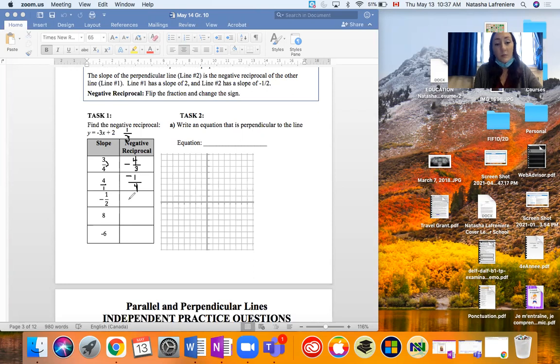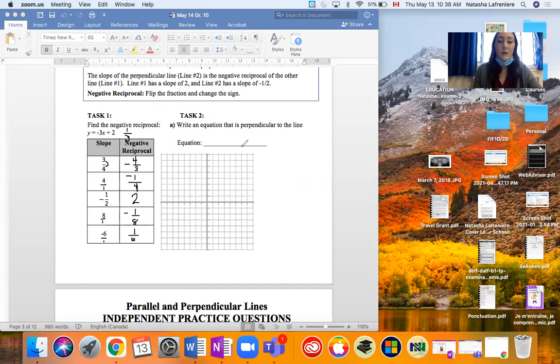So it's going to use the opposite sign, and it's just going to be 2. This one here, same as the 4, is over an invisible 1, and it's positive. So to do the opposite, so the reciprocal, it's negative 1 over 8. And this one is negative, so we're going to have it positive, and it's 6, so it's technically over 1. So we're going to have 1 over 6.